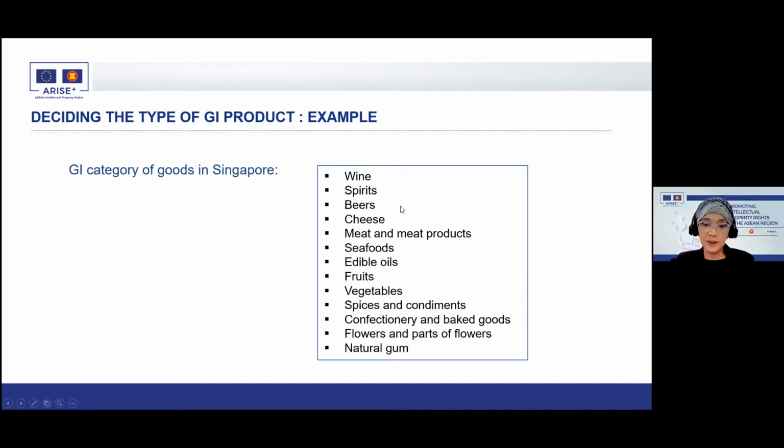Wine, spirits, and beers, cheese, meat and meat products, seafoods, aquatic products I mean, edible oils, fruits, vegetables, spices and condiments, confectionery and baked goods, flowers and parts of flowers, and natural gum.